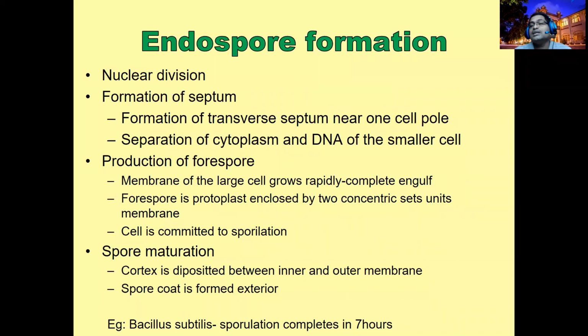Thereafter we started to study the growth and reproduction of bacteria. Normally bacteria show binary fission as the reproductive mode, and the growth curve will be a sigmoid curve. It has 4 phases.